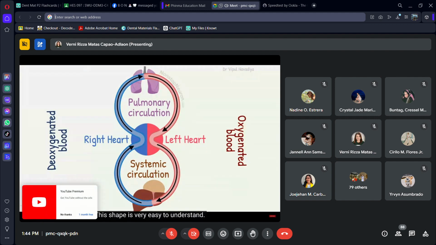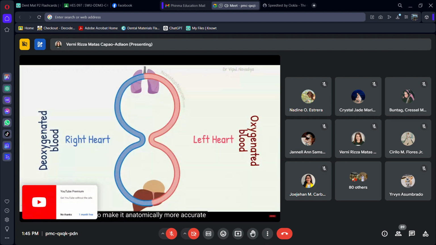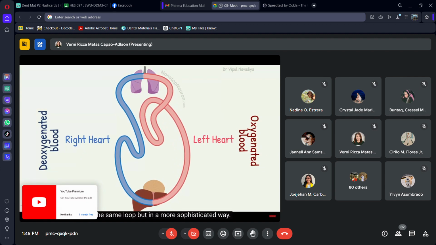This shape is very easy to understand, but the problem with this is the anatomy of the heart is getting distorted here. For example, in this circuit, the right atrium is shown at the bottom and the right ventricle is shown above the atrium. This is not how we usually draw it. We draw atria up and ventricles at the bottom. To make it anatomically more accurate, we draw the same loop but in a more sophisticated way.